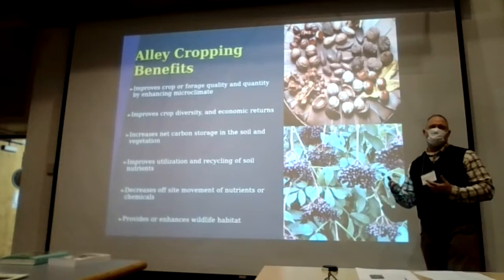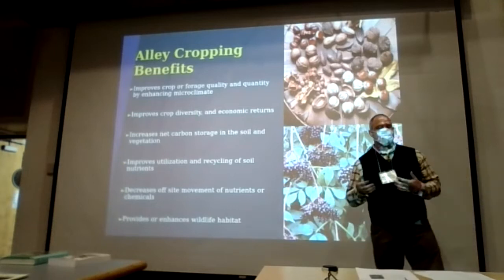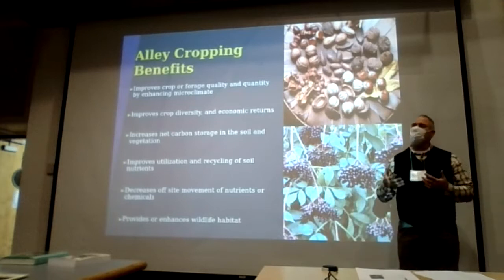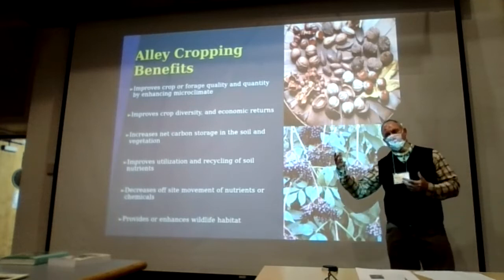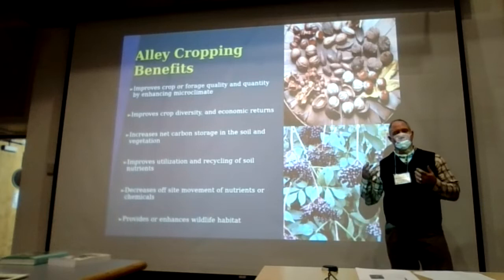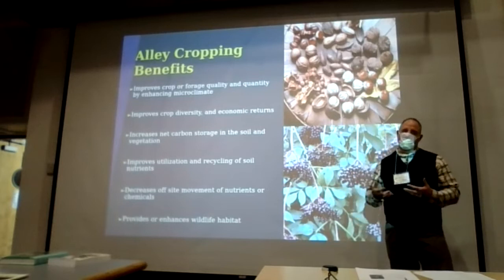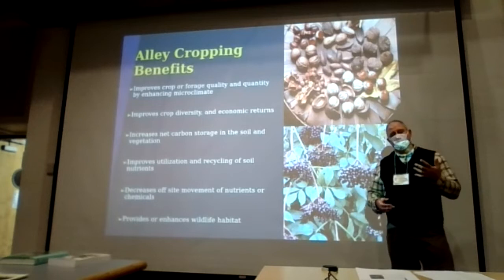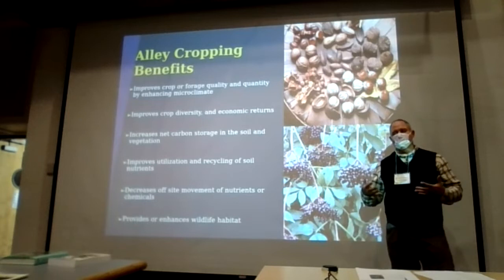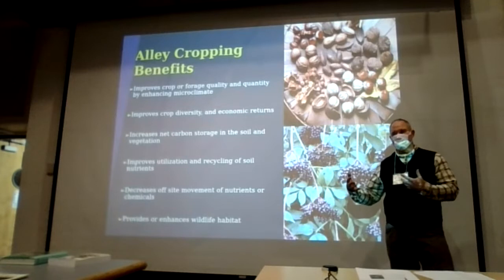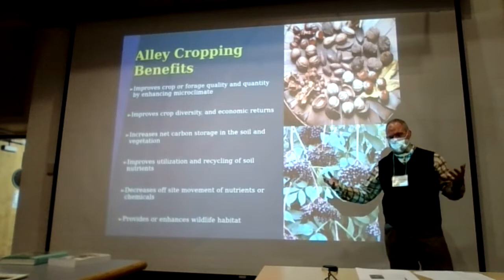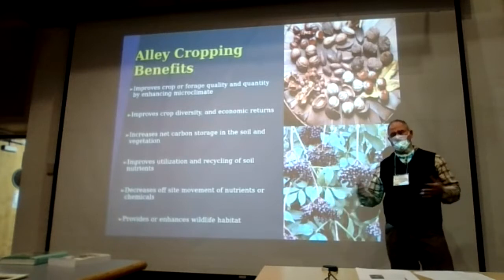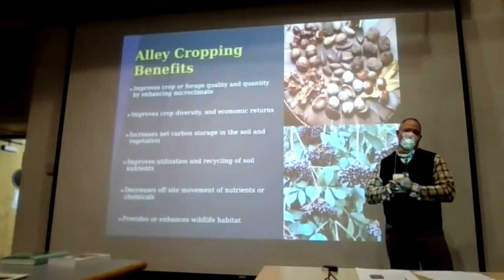And I think we need to sometimes not forget about that, is that because of the shade, because of the root biomass underground, because of the different microbes that are associated with tree and shrub roots, this changes everything that is going on within probably 8 to 10 feet or more of that tree or shrub being planted.